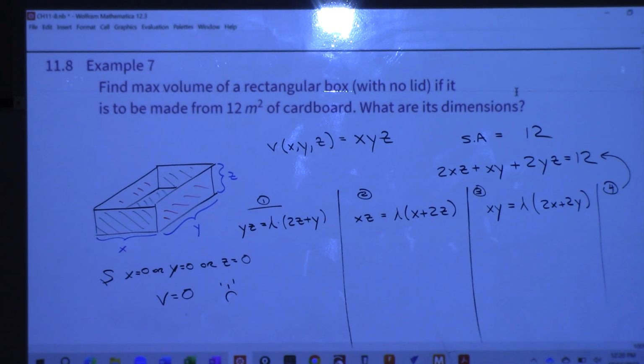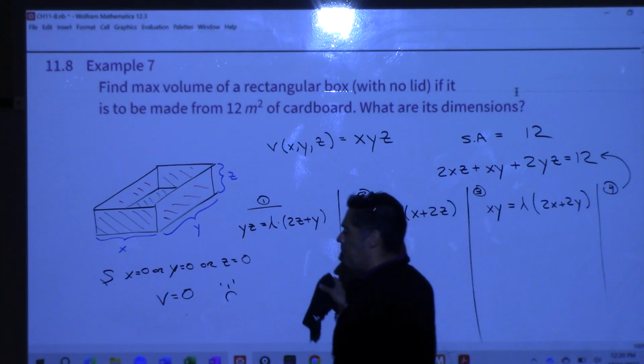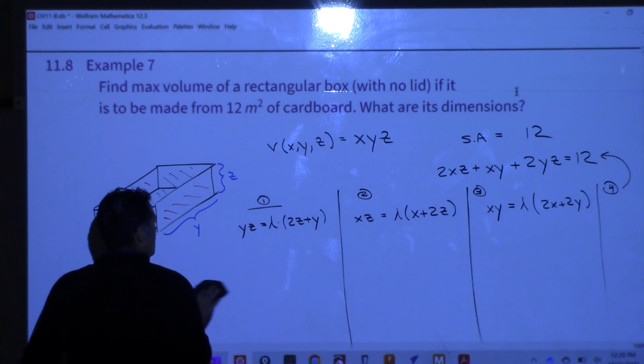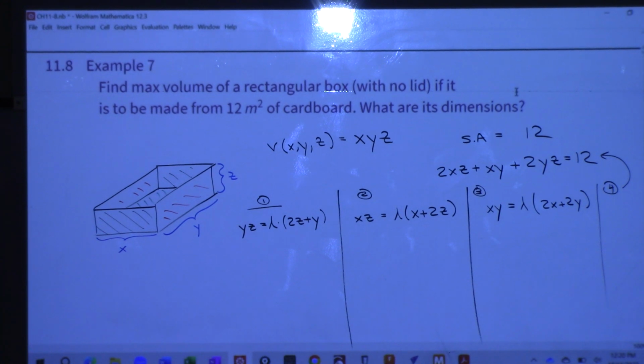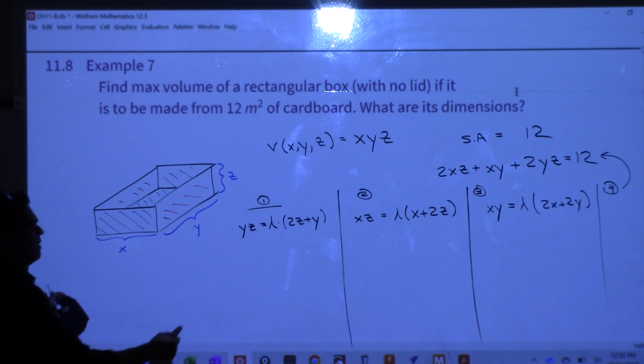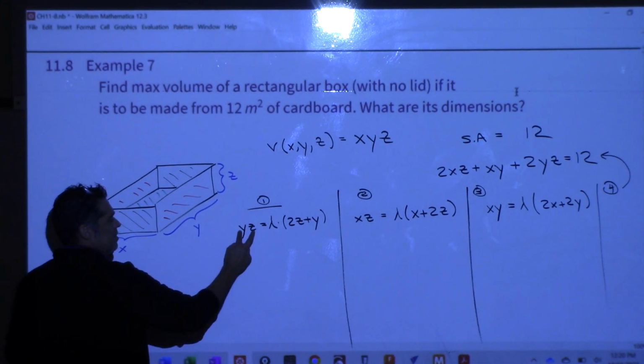Okay, so that means we have to assume that x, y, and z are all not 0, right? All of them not 0. So I think we should start with that assumption now. We could probably assume that, because if lambda is 0, then one of these has to be 0.